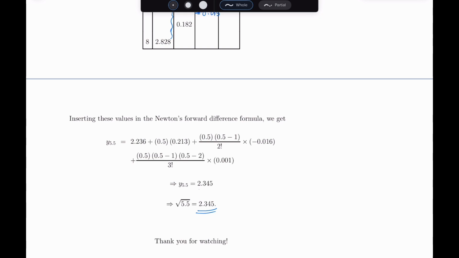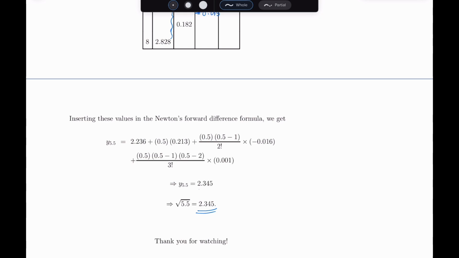Then go on simply putting the values: 0.5 into 0.213 plus 0.5 into 0.5 minus 1 upon factorial 2 into minus 0.016 plus 0.5 into 0.5 minus 1 into 0.5 minus 2 upon factorial 3 into 0.001.